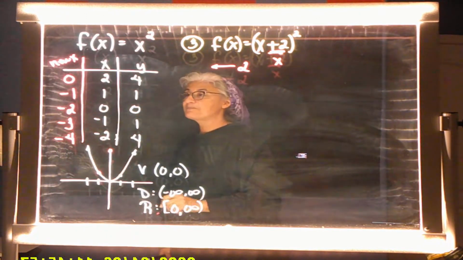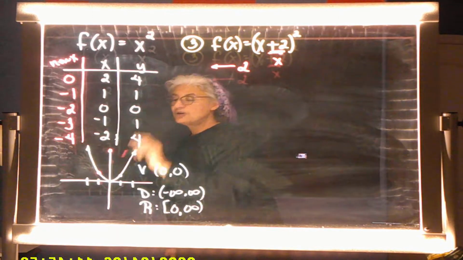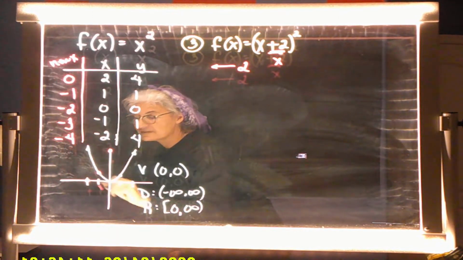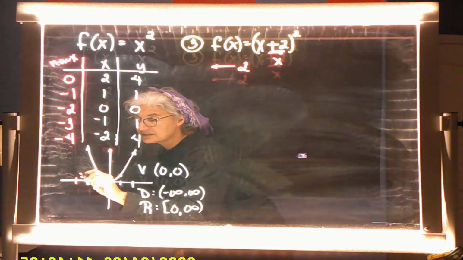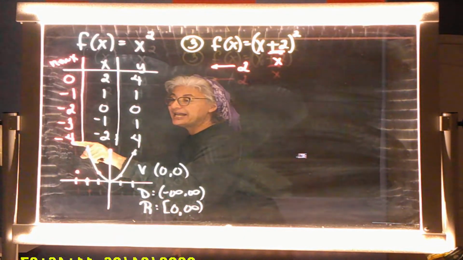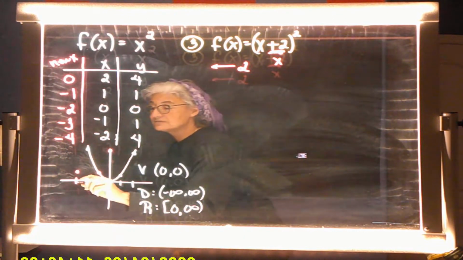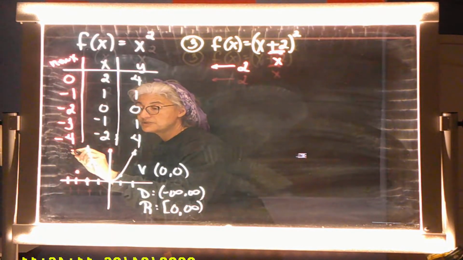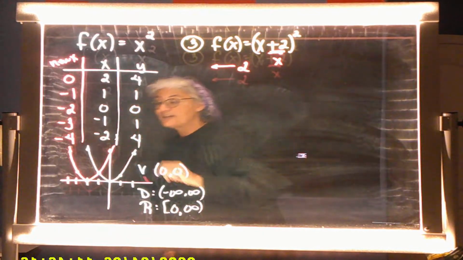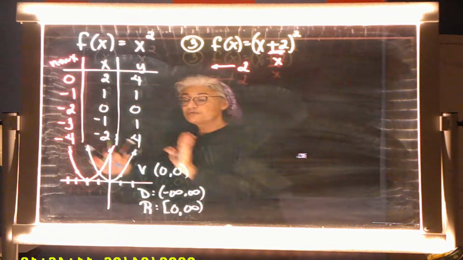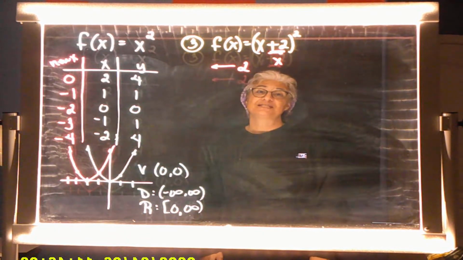There's that. Now I'm at -2, 0, and here we are there. Now I'm at -3, 1, which means I'm here, and -4, 4, which means we're up here. So this graph picked up and moved 2 spaces to the left, didn't it?